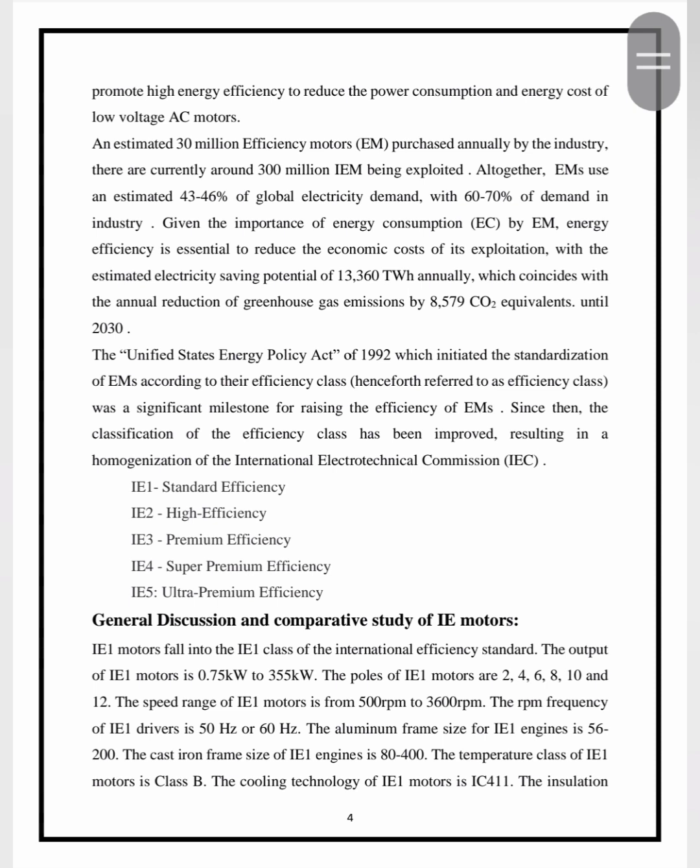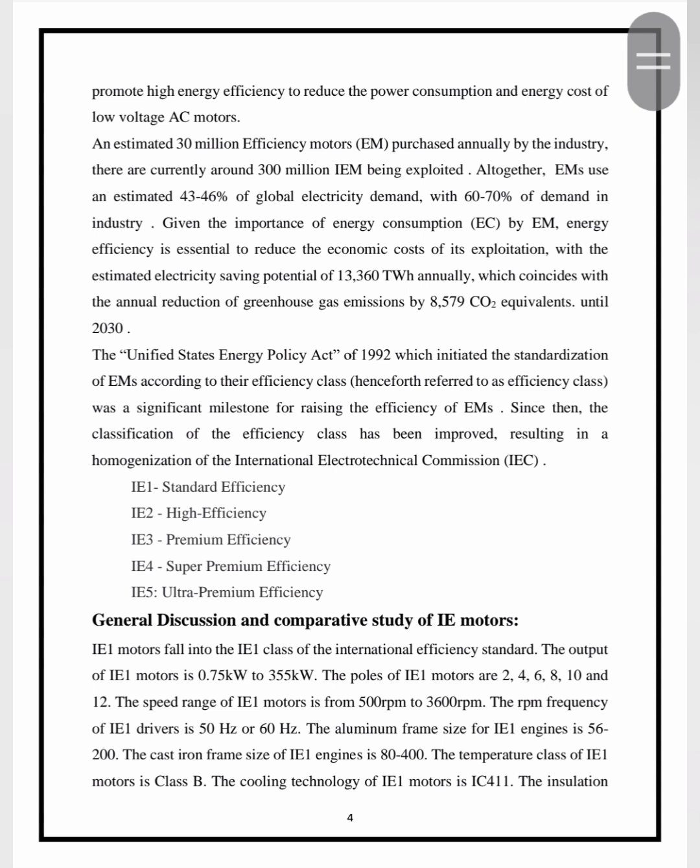So if we use the aluminium frame, the size range will be 56 to 200, and if we use the cast iron frame, then the size would be 80 to 400. The temperature class of international efficiency 1 motor is class B.